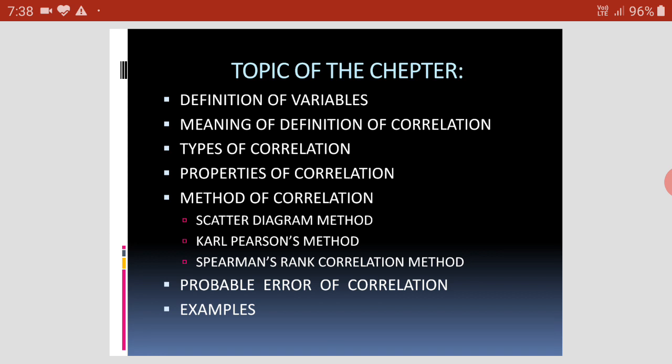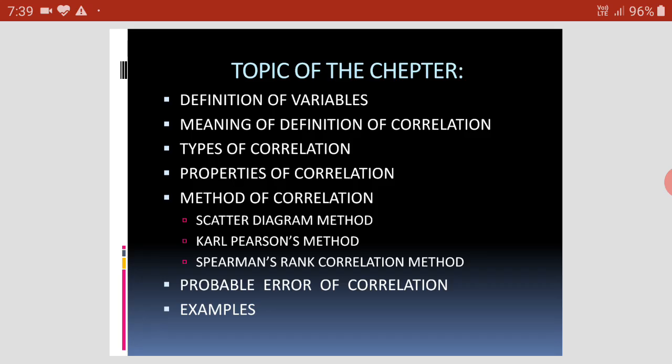Now the third one is independent correlation. Independent correlation means X increases or decreases but there is no change in Y, or otherwise when X decreases, sometimes Y decreases or sometimes Y increases. It is not dependent on X. It is called independent correlation. For example, suppose X increases by 5%. One time Y also increases 2%, the second time Y decreases 2%, and the third time Y does not change.